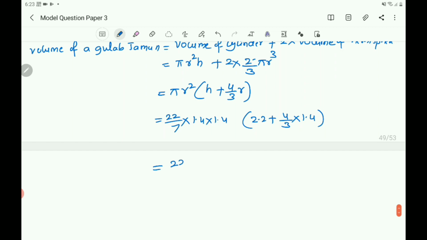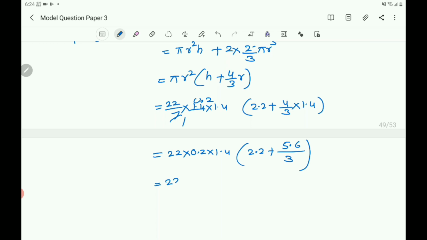That equals 22 by 7. You can cancel, 7 ones are 7, 2s are, right? 22 into 0.2 into 1.4, it is 2.2 plus, then you write 3, 14 4s are 56, it is 5.6 you will get.